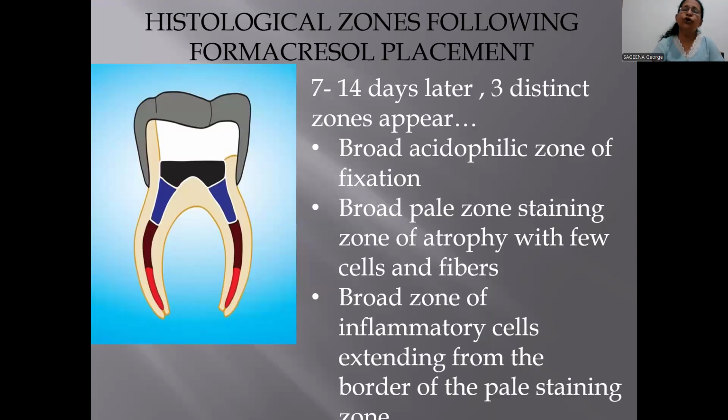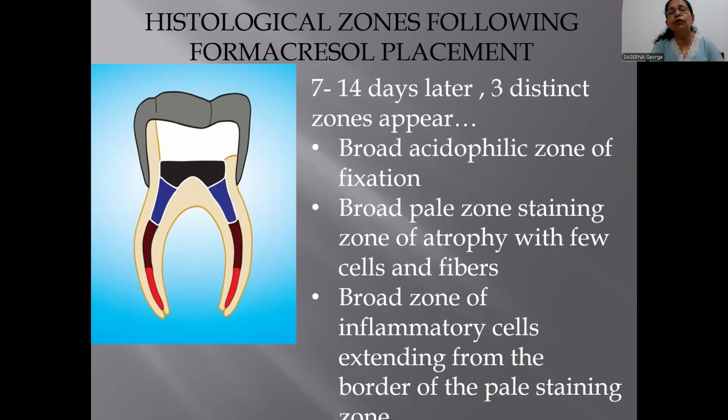So what are the histologic changes that occur when we apply formocresol? When formocresol is applied, the pulp tissue that comes in contact with it shows coagulation necrosis, and the pulp tissue seems to wall this off by forming a collagenous-like band.